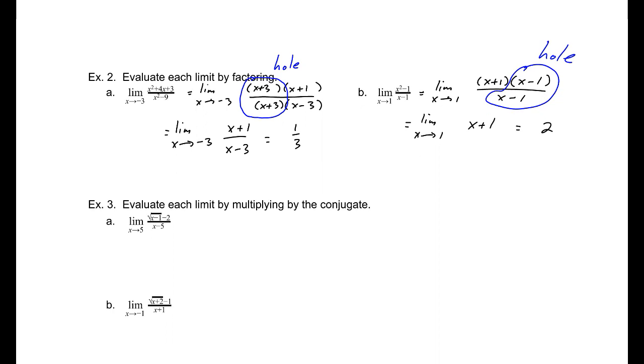So we are going to multiply by the square root of x minus 1 plus 2 over the square root of x minus 1 plus 2. Okay, we are not changing the function itself. We are multiplying by 1. Okay, so we're getting this in a different form. So that would be x minus 1. The square roots would cancel. The outside and the inside terms cancel, so we get minus 4.